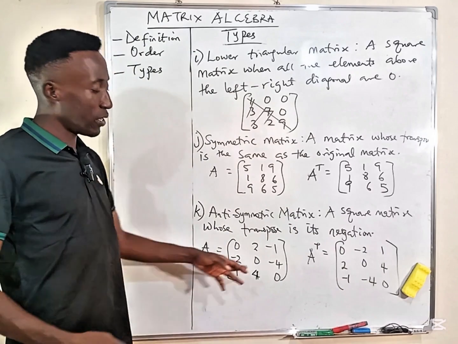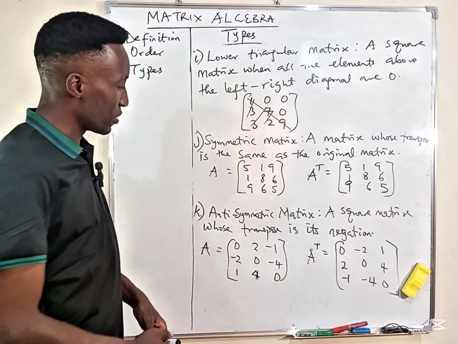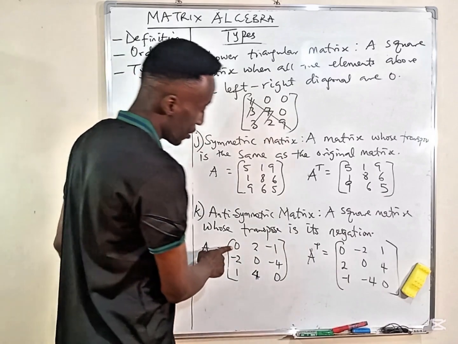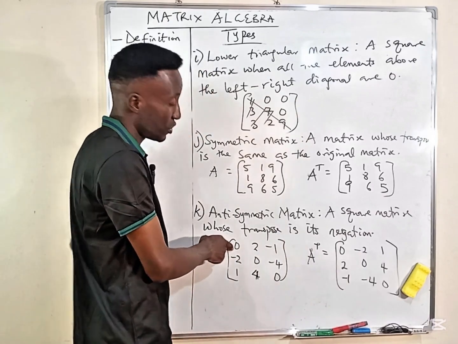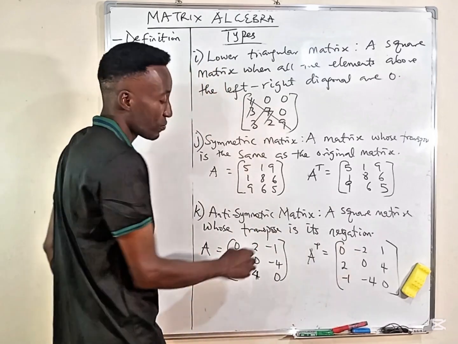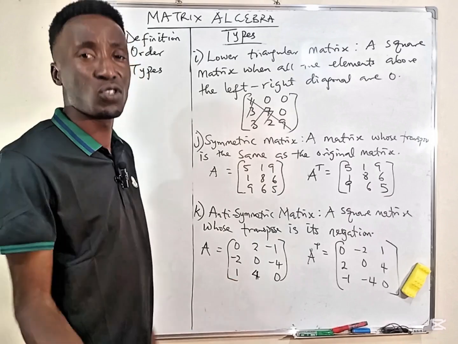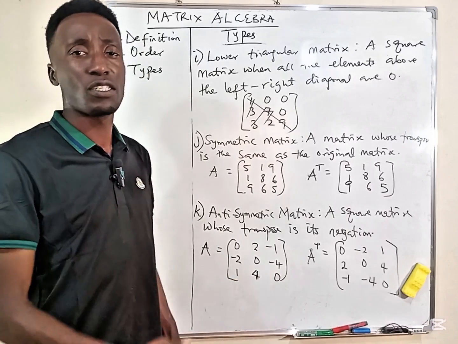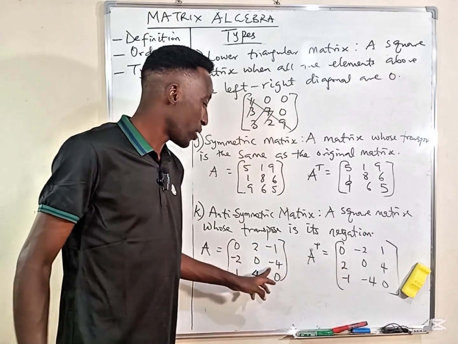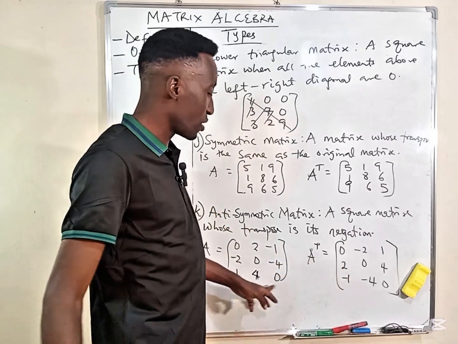When you compare the main matrix to the transpose, you observe that one is the negation of the other. 0 can be positive or negative, so it's still 0. This is 2, that is minus 2. Minus 1 becomes 1. The opposite of negative is positive, and positive is negative. So minus 2 becomes 2, 0 stays 0, minus 4 becomes 4, 1 becomes minus 1, 4 becomes minus 4, and 0 is 0.